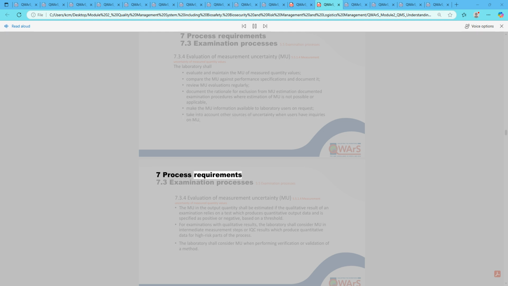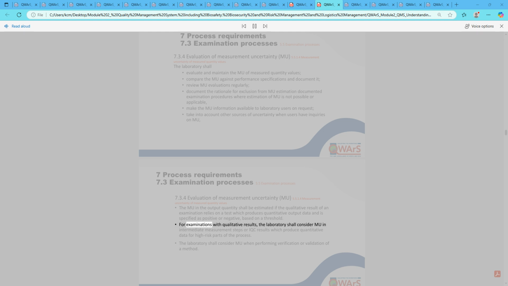7 Process requirements, 7.3 Examination processes, 5.5 Examination processes. 7.3.4 Evaluation of Measurement Uncertainty, MU. 5.5.1.4 Measurement Uncertainty of Measured Quantity Values. The MU in the output quantity shall be estimated if the qualitative result of an examination relies on a test which produces quantitative output data and is specified as positive or negative based on a threshold.